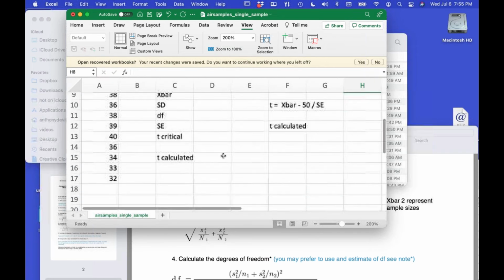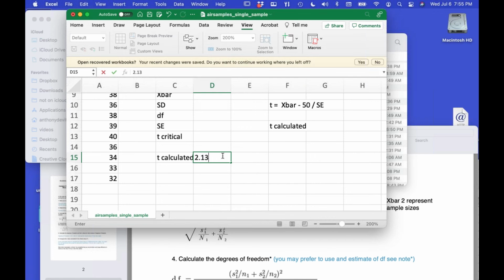Maybe I flipped it. Did I flip mine, or I don't know what I did. I'm sorry, say again. I'm sorry, I didn't mean to interrupt you earlier. I didn't know if I flipped mine. We got 2.13 is T critical. That's what I got from somebody on the chat.